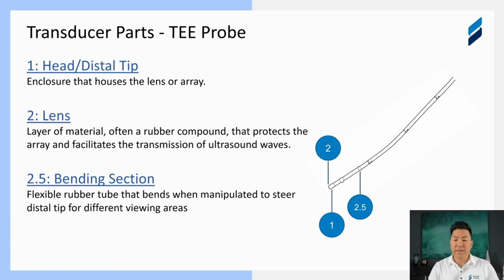Then the bending section is right below it, from the bottom of the distal tip to the top of the insertion tube here, and this allows the transducer to move. If your heart is here, that allows the physician to manipulate it inside your esophagus to get right next to the heart to get a great image.